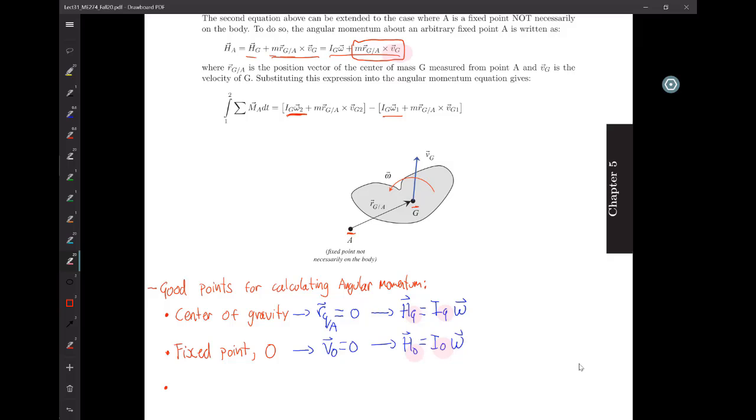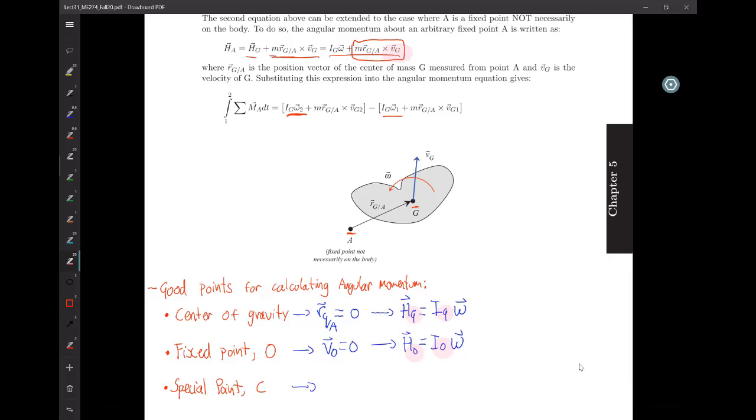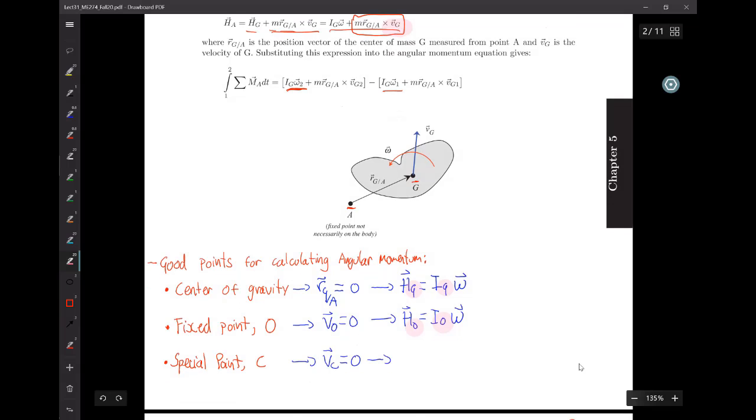And then the last is the special point, C, in which the velocity of that point is 0, such that we get this cross product to be 0.